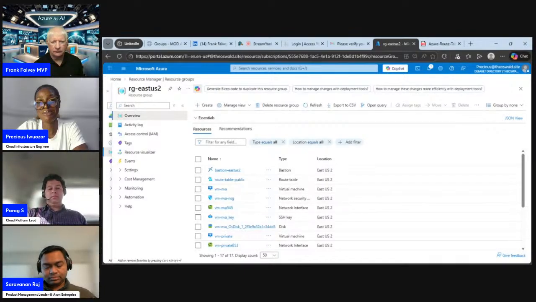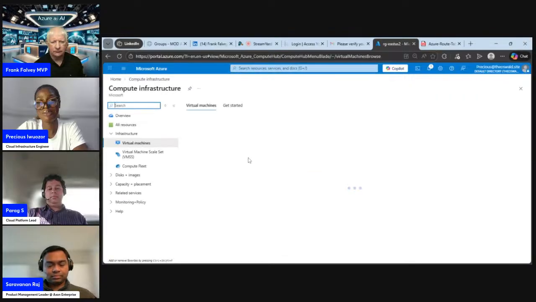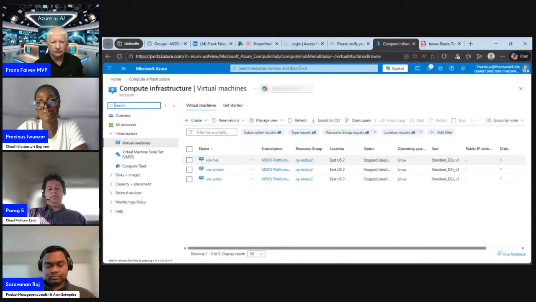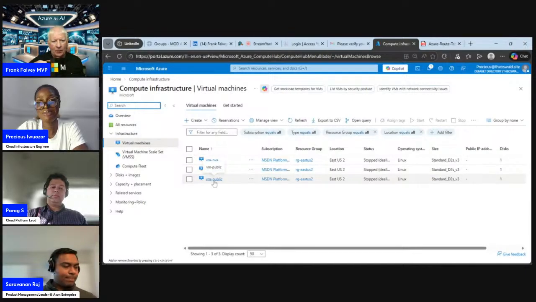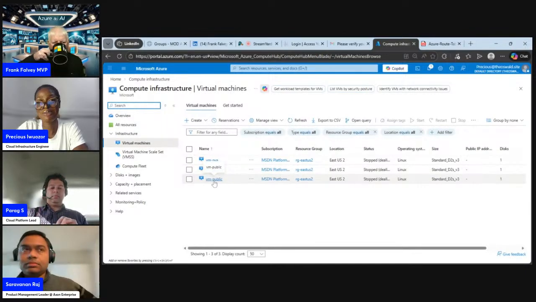Also, I created 3 virtual machines. These 3 virtual machines are all in East US. One is deployed to the private subnet. The next one is deployed to the public subnet.